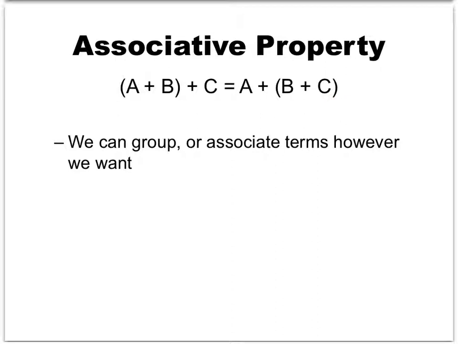This side says we add the b and the c first, and then we add what's left. And either way, we're going to get the same thing. So this associative property says that we can group or associate these terms however we want. We don't have to add from left to right. We can add whatever terms we want, and we're going to get the same thing.